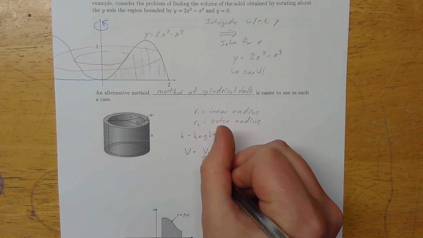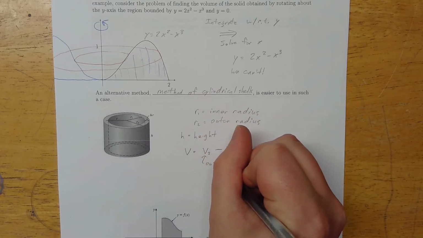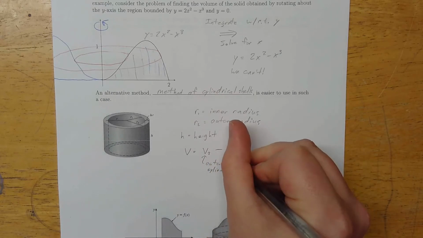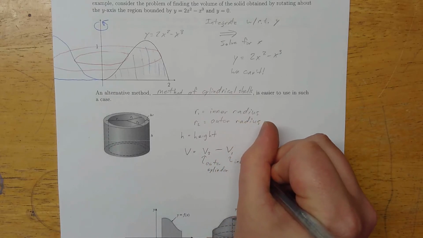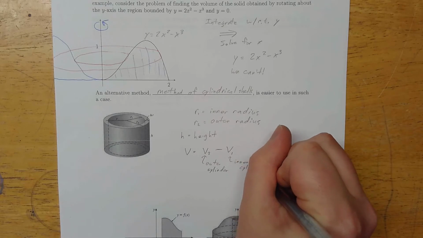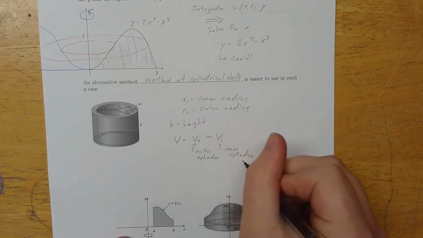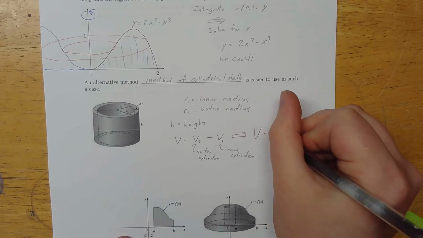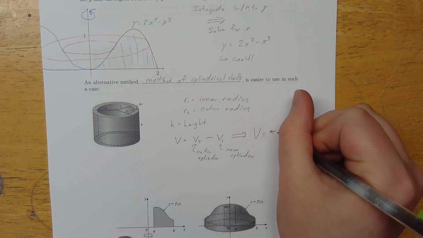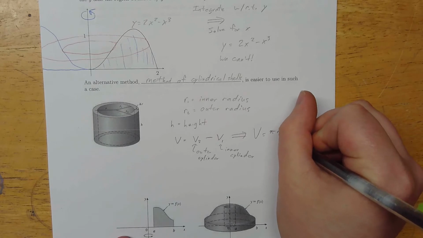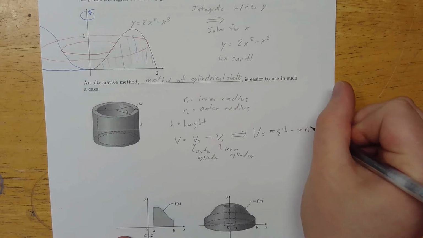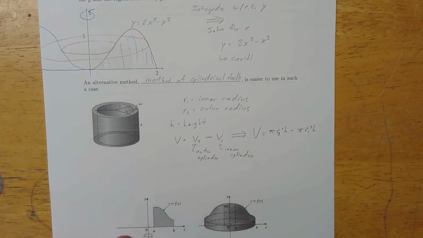So this would be the outer cylinder, and this would be the inner cylinder. Which means that our volume would equal pi r2 squared h minus pi r1 squared h.